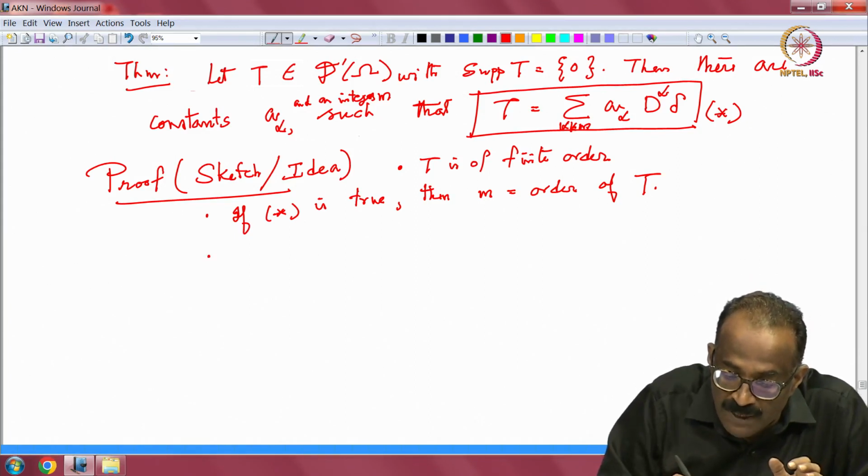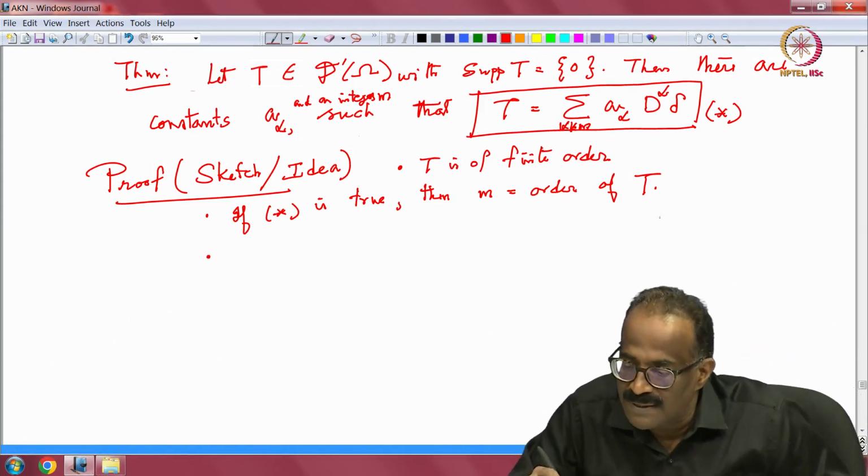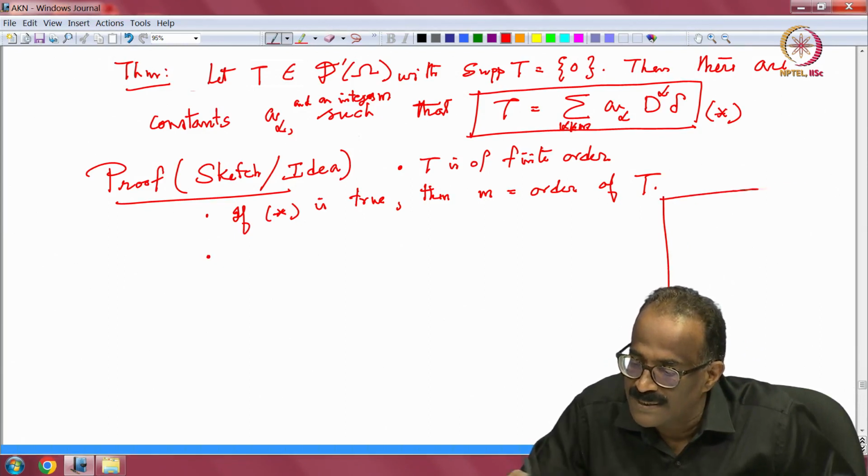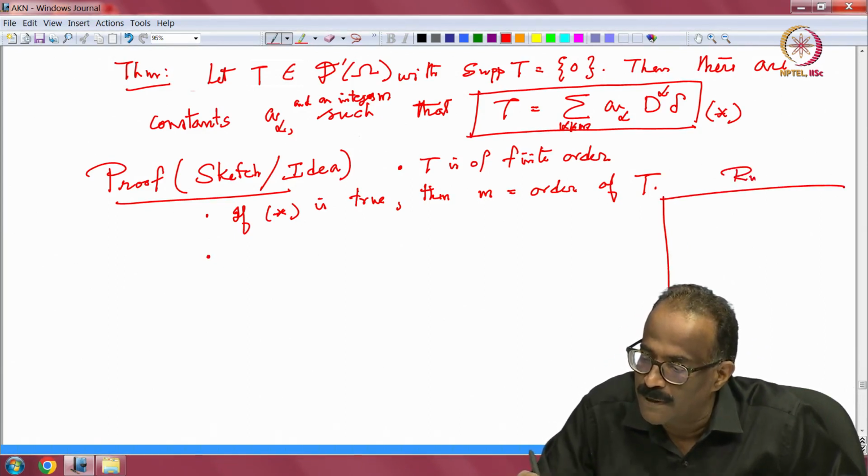Now, it is about the functional analysis. I will just remark, if you want, you can see this in Rudin, the reference.